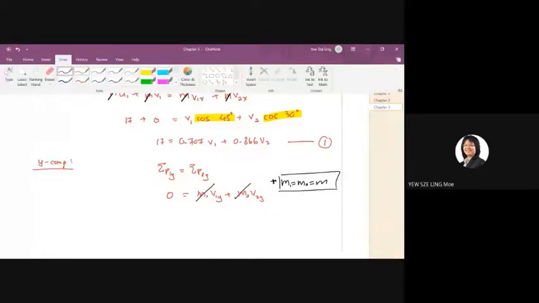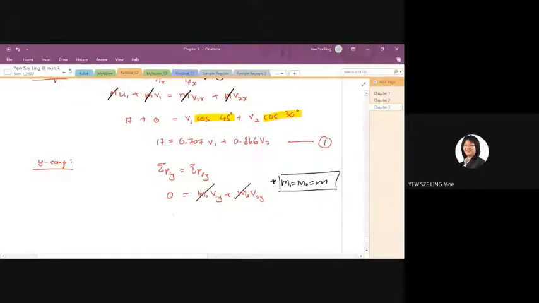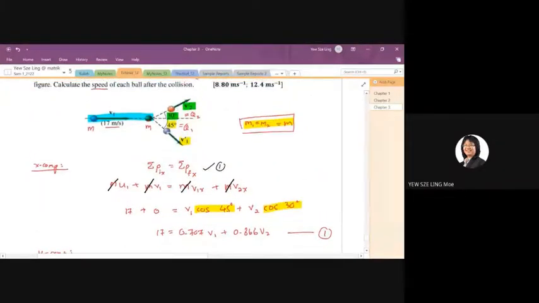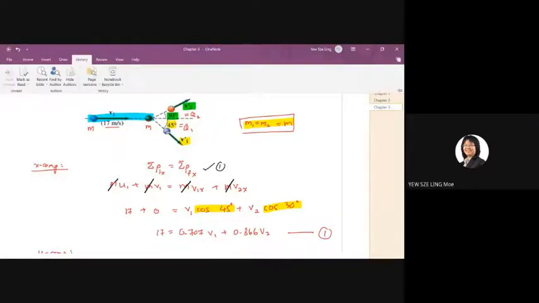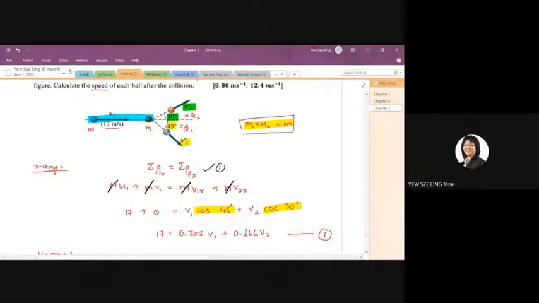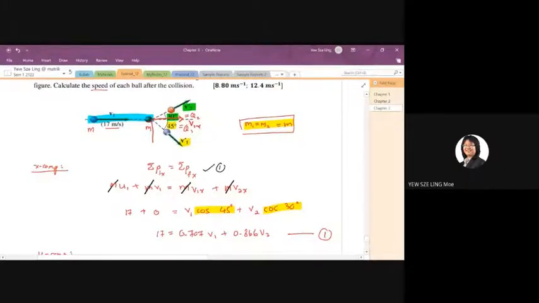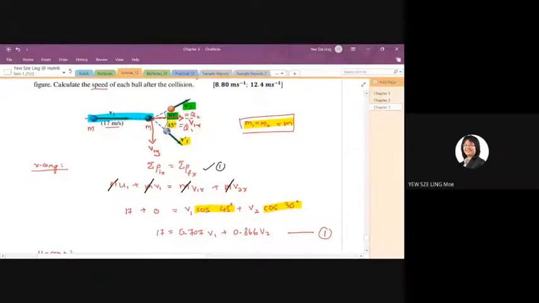So what next? Again, I'm going to expand my Vy. So 0 equals, okay, V1. Now let us go back to the diagram. If I resolve V1, what am I going to get? I will get an x component going towards the right-hand side, V1x, and a y component going down. So this V1y is a negative value.